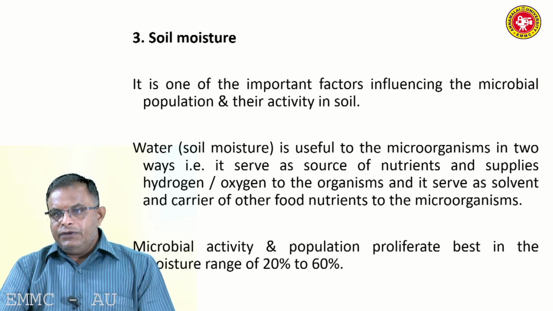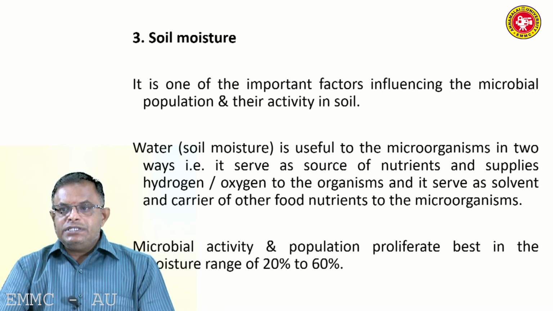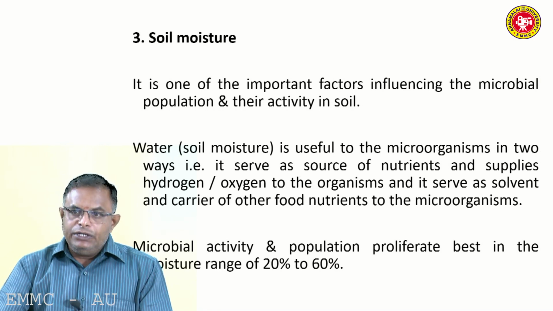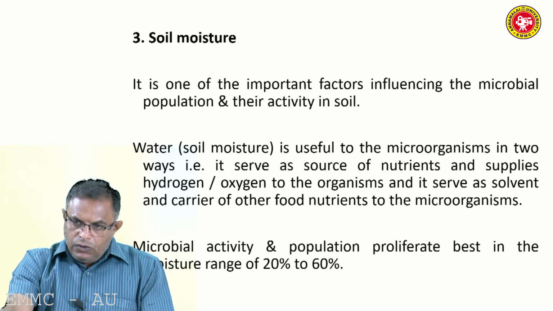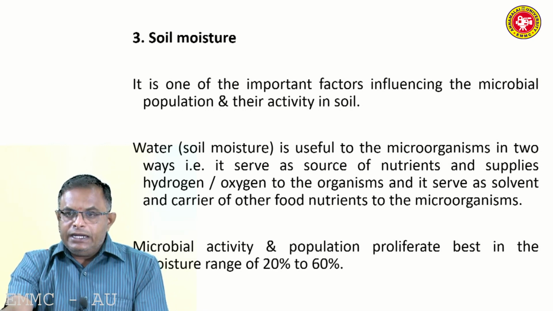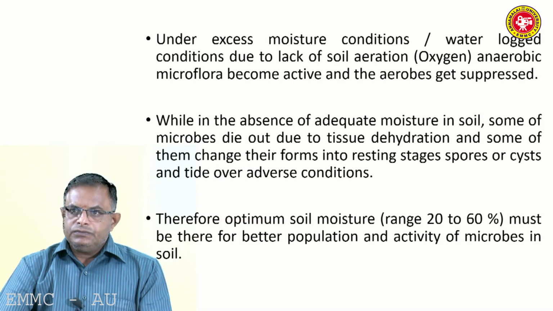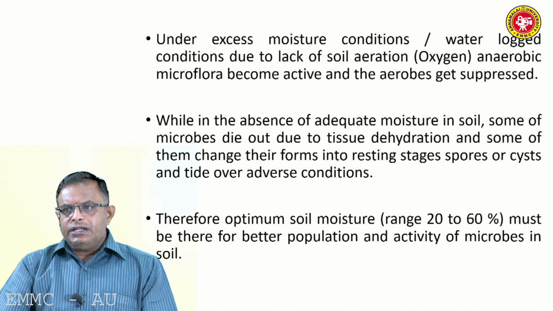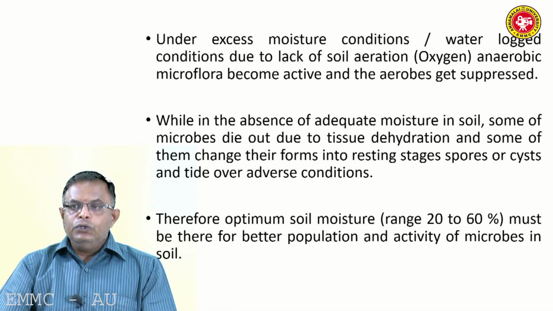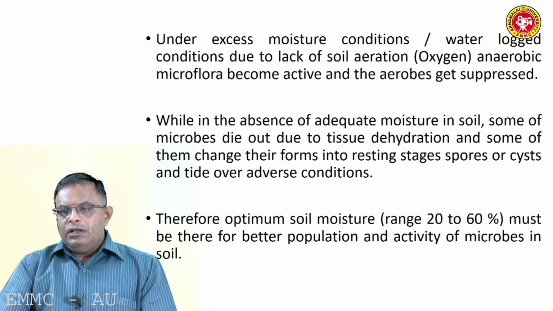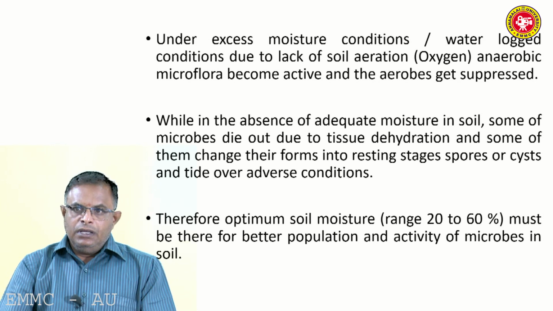So, microbial activity and population proliferate best in the moisture range of 20 to 60%. In this range microbial activity in soil is very good. Under excess moisture or waterlogged conditions, due to lack of soil aeration, anaerobic microbial flora become active and aerobic bacteria get suppressed.